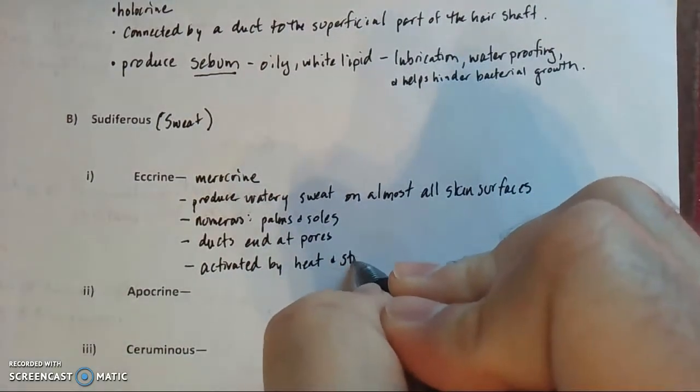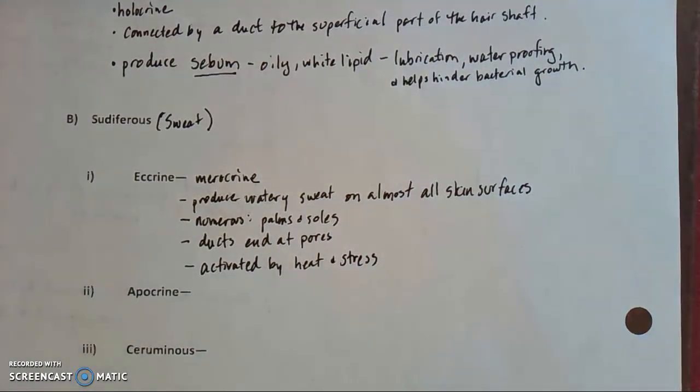And the other thing that can activate these is stress. So if somebody is really stressed out, nervous, and they end up with really sweaty hands and sweaty palms, that's because that is a reaction of our stress system.